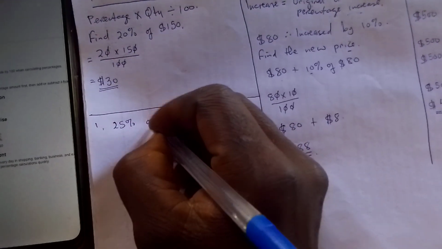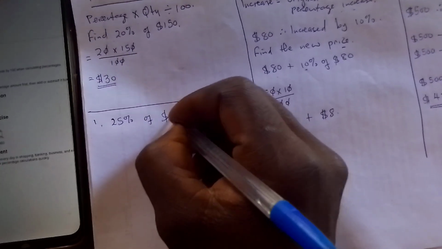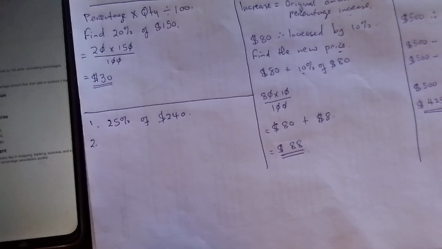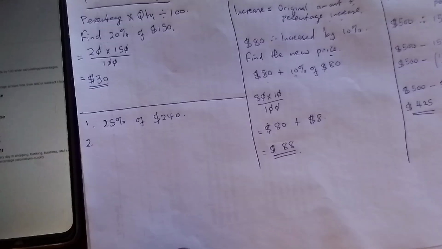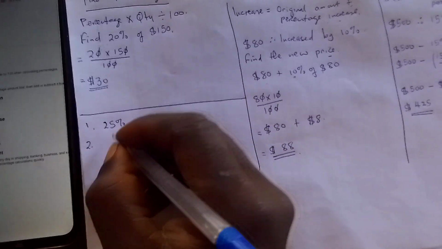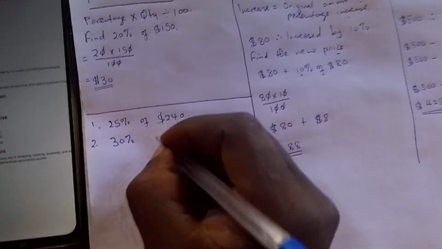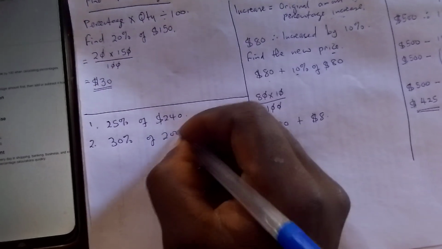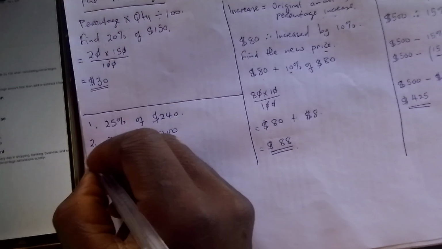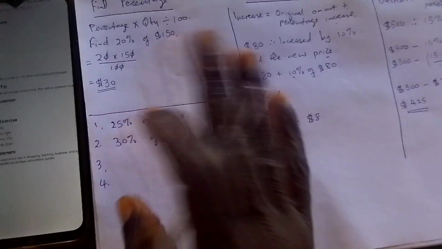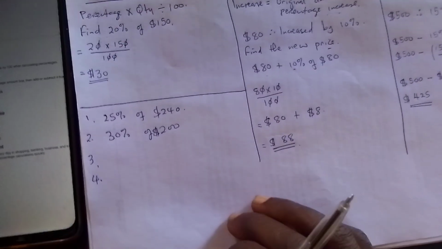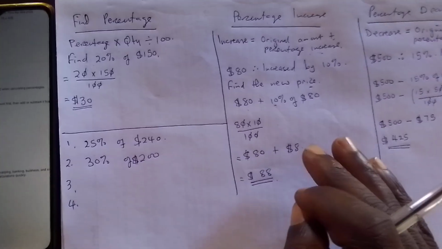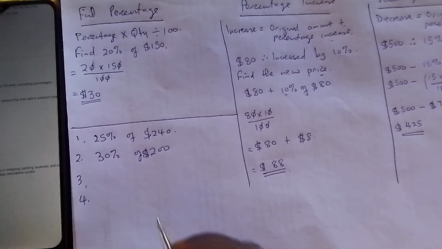Now, before we close, I want you to find 25% of $240. This is question number 1. Question number 2, I also want you to find 30% of $200. Question 3 and 4, these are just questions for you to practice. Remember, if you cannot get the answers, rewind, watch the video again, and then redo the calculation.